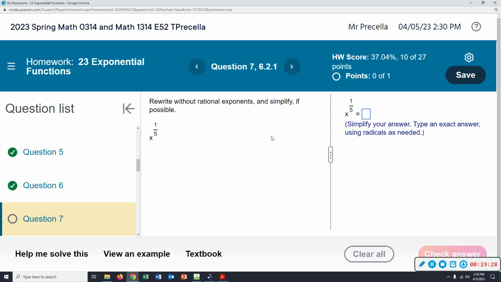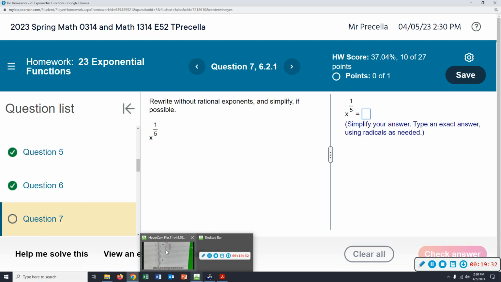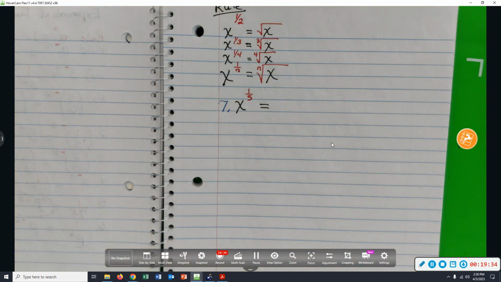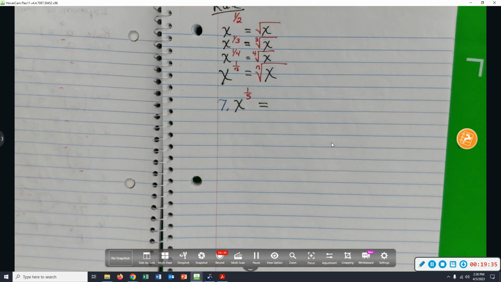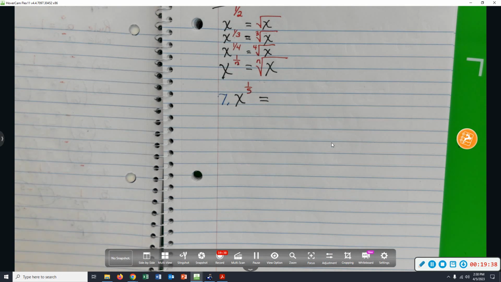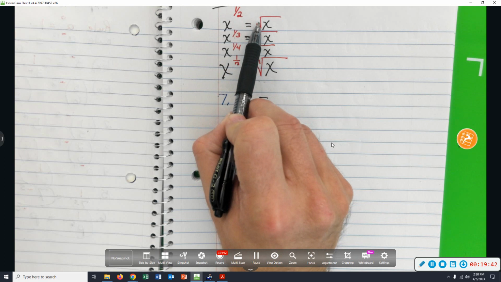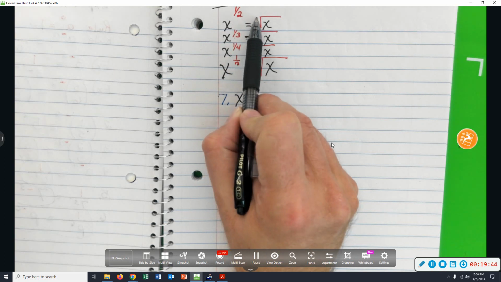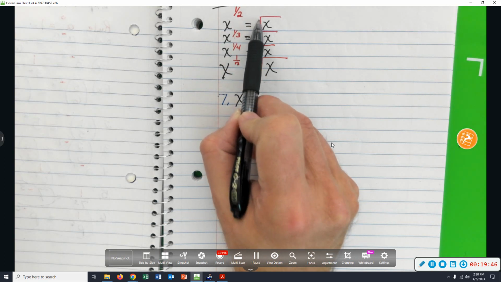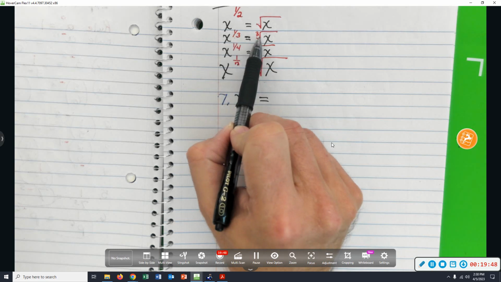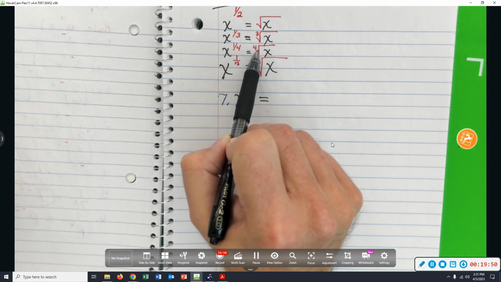Okay. A 1/5 exponent. If it's a 1/2 exponent, that's a square root. You don't really write the little 2 there, but you assume it's there. A 1/3 exponent, cube root. A 1/4 exponent, 4th root.